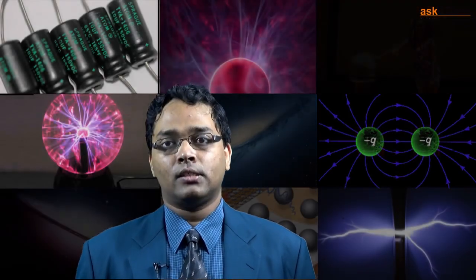We can also combine multiple capacitances either in series or in parallel, depending upon the combination. And finally, we understood the potential energy stored when a particular charge is present in a capacitor.